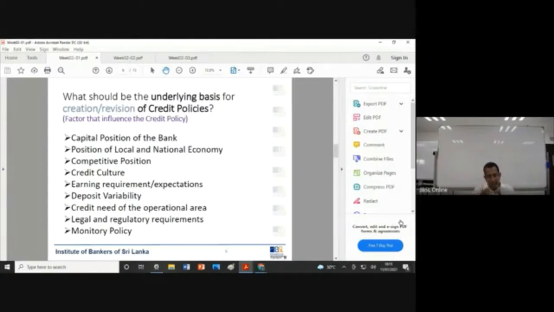Based on our deposit portfolios, liability portfolios, we will have to adjust our credit policy to say, okay, now you give long-term funds, now you give short-term funds, based on the availability and variability of deposits. Credit needs of the operational area: you operate in Anuradhapura and Polonnaruwa and you say, we are not giving funding for agriculture and paddy. Can you operate?